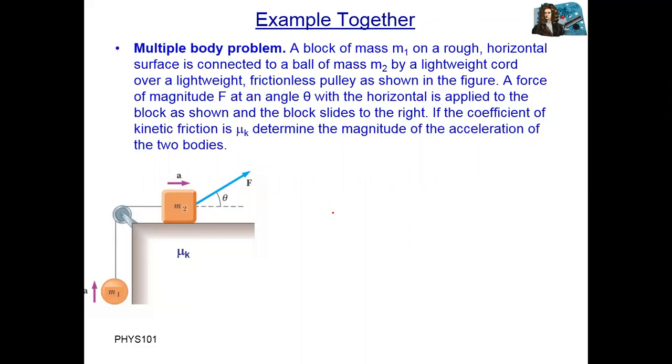It was our previous assumption that, for example, acceleration produced in body number one is equal in magnitude to acceleration produced in body number two.